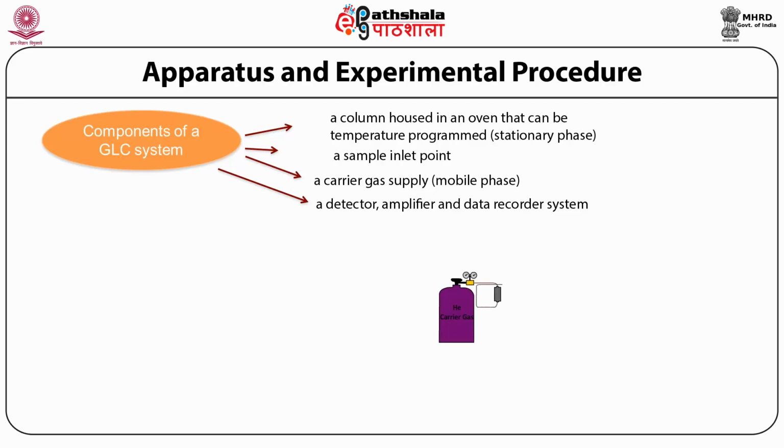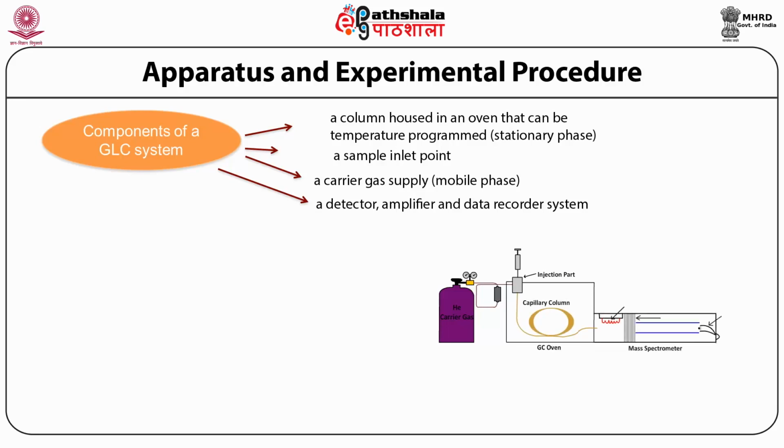These days, GLC systems are coupled to a mass spectrometer, which is the universal detector in these systems.